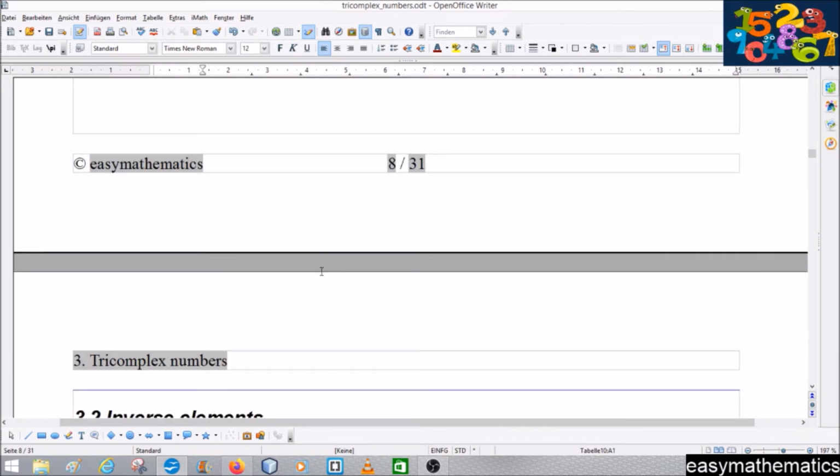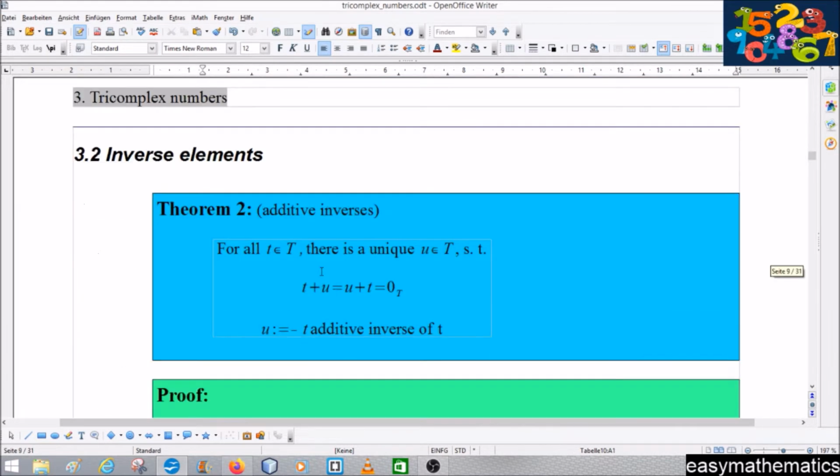Next, we want to talk about inverse elements, and yeah, the definition of an inverse element is if we can find a second number which sums up to 0. Okay, and then we make a theorem out of this.